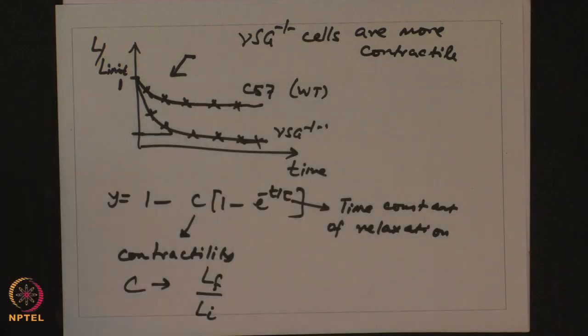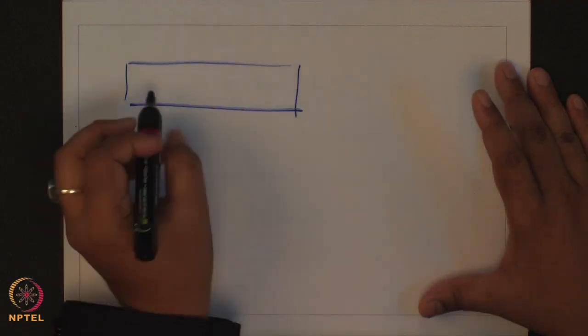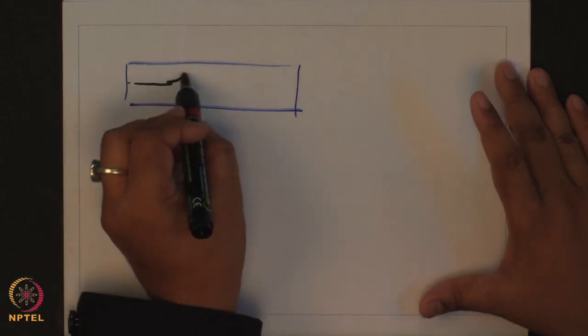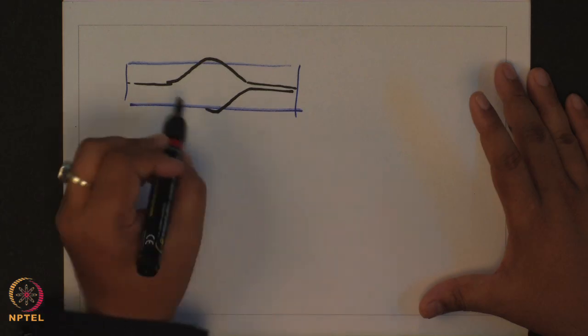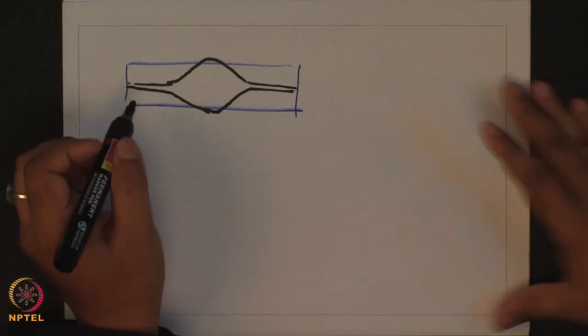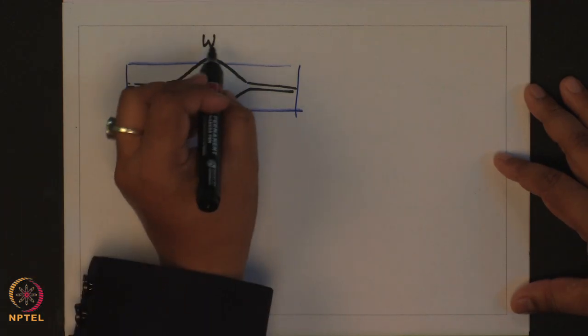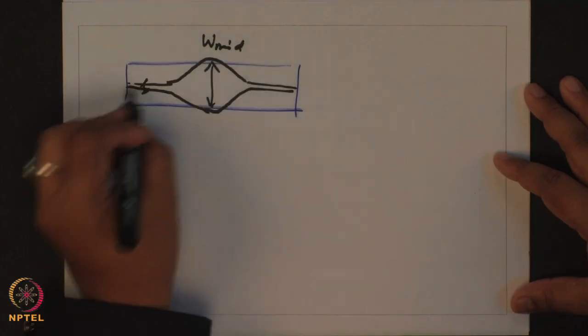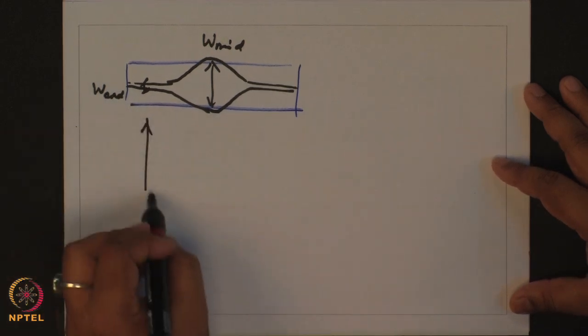Okay. And if you look at these cells in culture, this is actually the pattern. Imagine that this is the outline of the pattern on which the cell was plated. Many of the cells exhibit a profile like this, where you compare the central width to the end width.